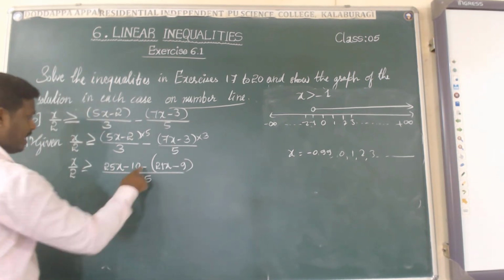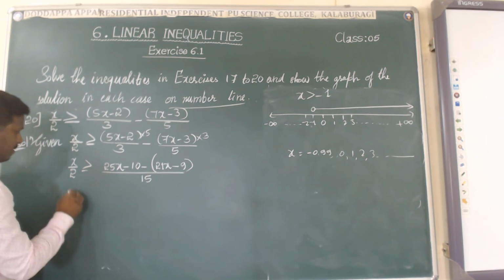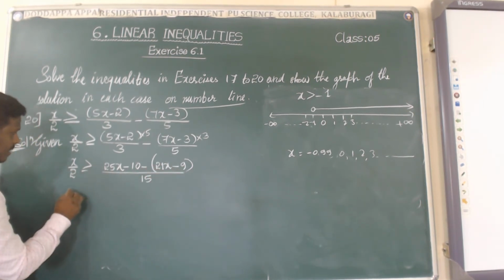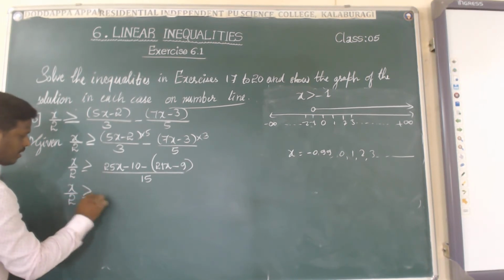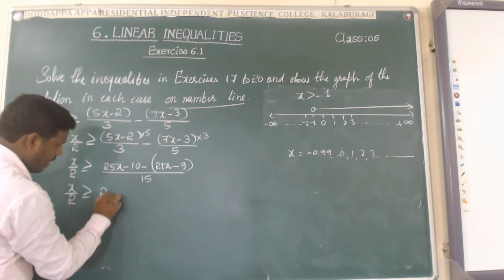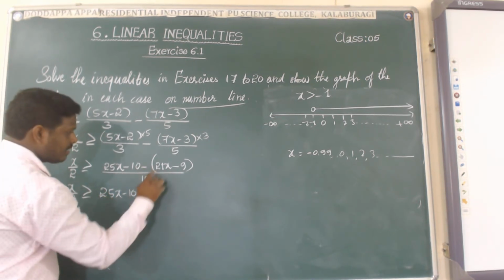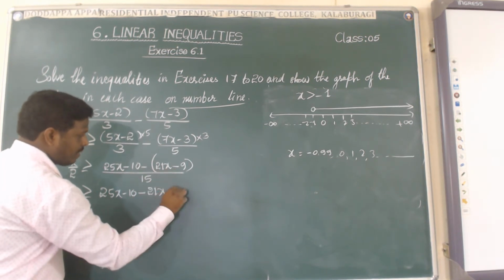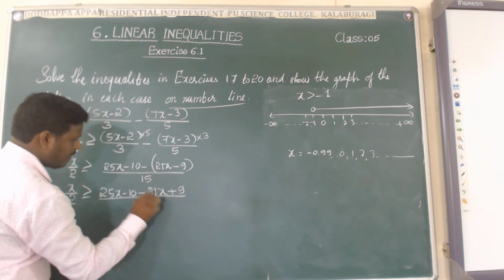So write once again. Simplify from the brackets by multiplying the negative value to both of the inside terms. x by 2 is more than or equal to 25x minus 10 minus into plus minus 21x minus into minus plus 9 divided by 15.